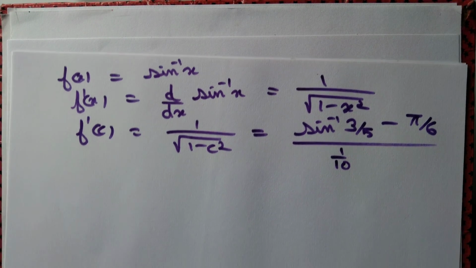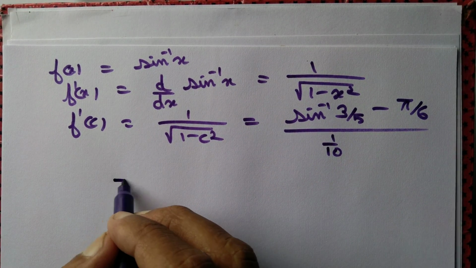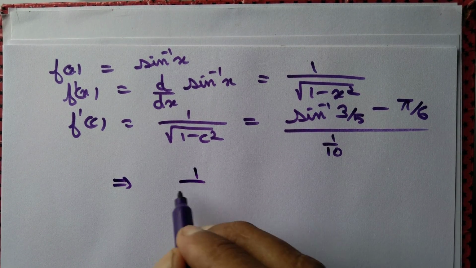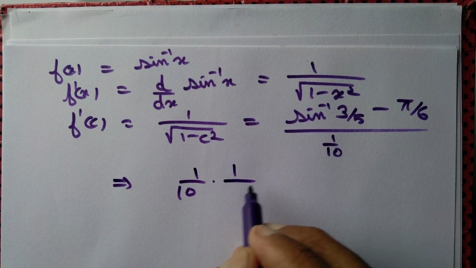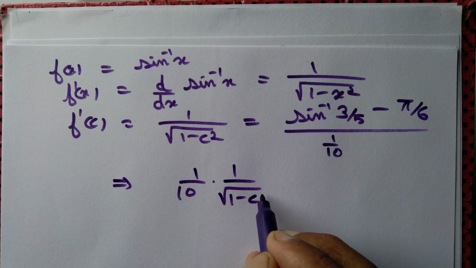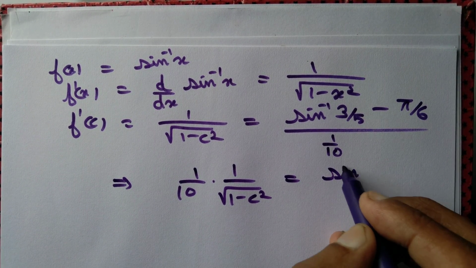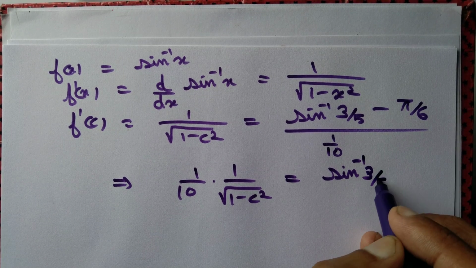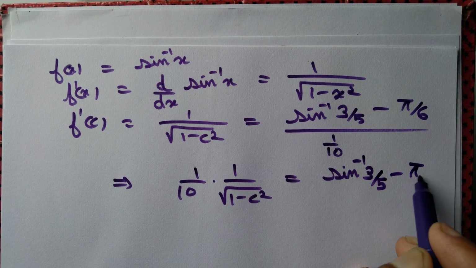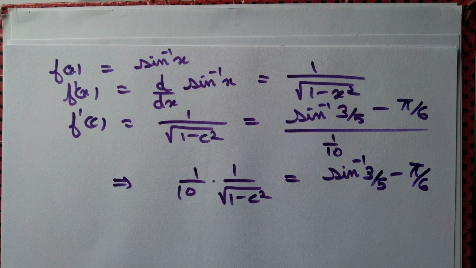Let's take 1 by 10 to the left hand side to say that 1 by 10 of 1 by root over 1 minus c square equal to sine inverse of 3 by 5 minus pi by 6. Okay. Now we want some kind of inequality.